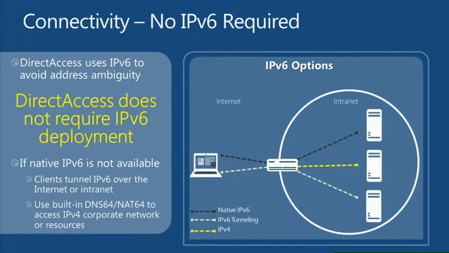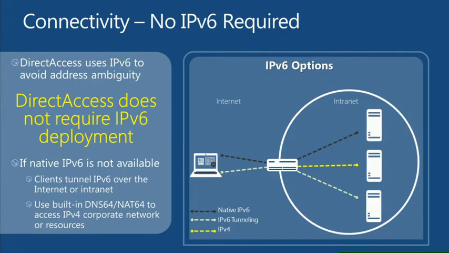Once you get to the DirectAccess server, let's say your enterprise network is v4 only, we have new functionality built into Windows Server 2012 where we abstract away the client connecting over v6, and we translate the v6 to v4 using a couple of components, namely the DNS64 and the NAT64.